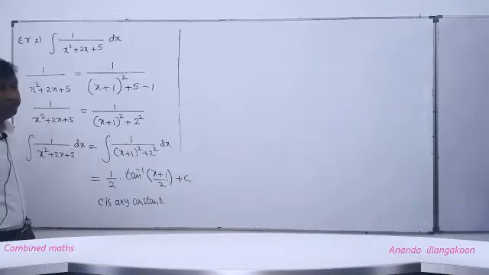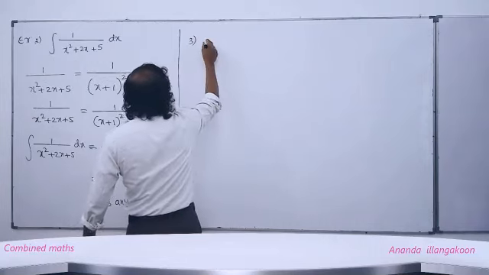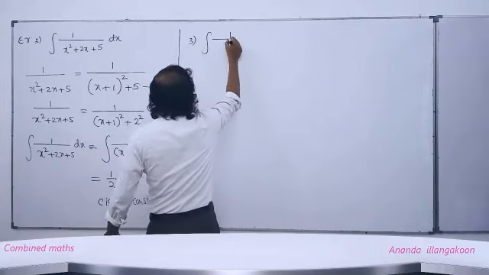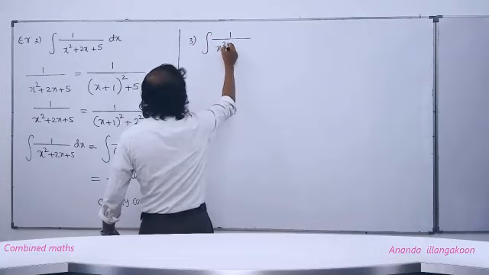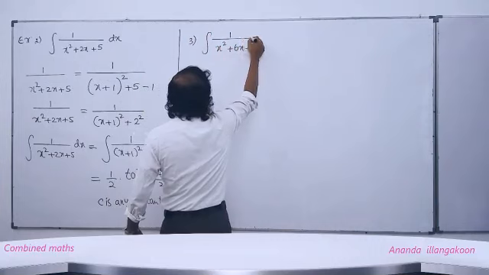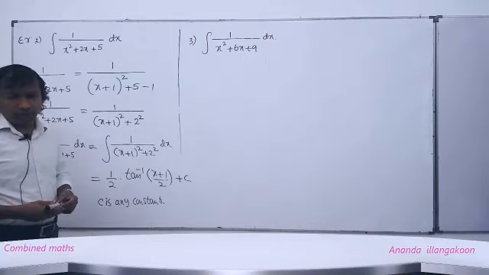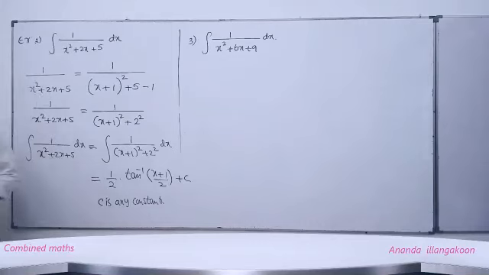Right. We will take the third possibility here. It is this: integral of 1 upon x squared plus 6x plus 9 dx. Third one. Then what do we do here?